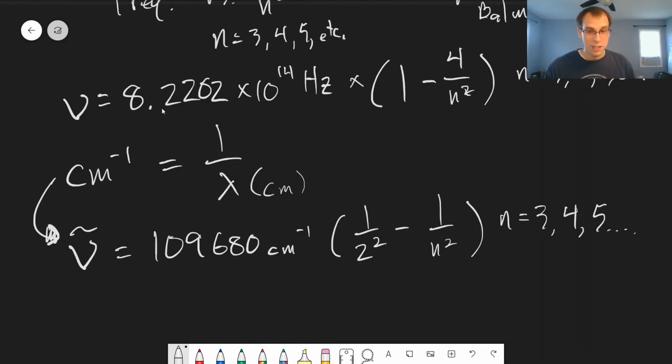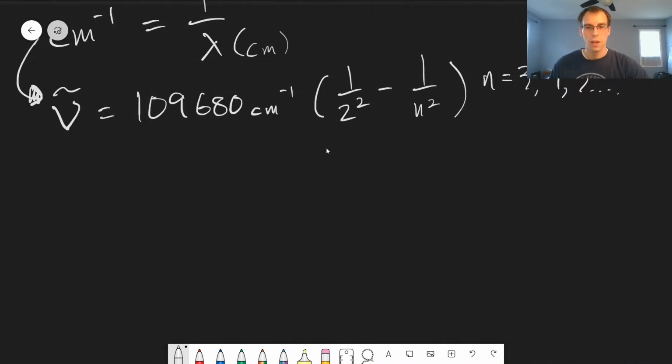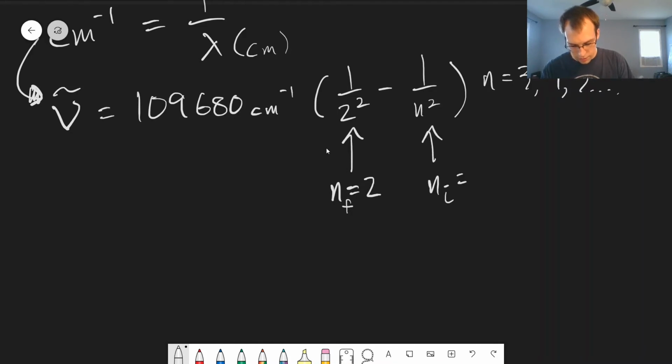It was discovered eventually that we can explain the entire spectrum with an equation that looks like this. The Balmer series is specifically where nf equals 2 and ni is equal to 3, 4, 5. But if we vary both of these integers, we can explain all of the spectra.